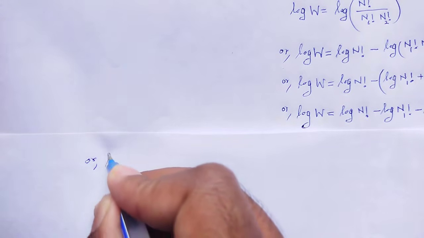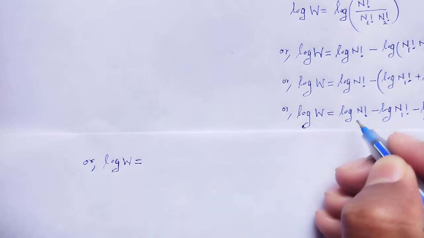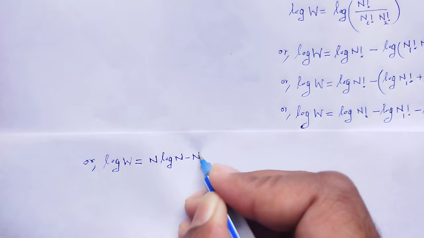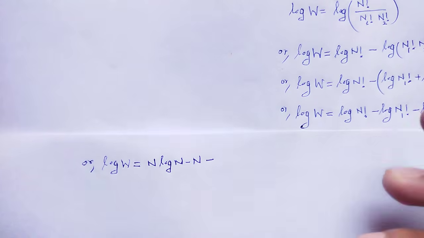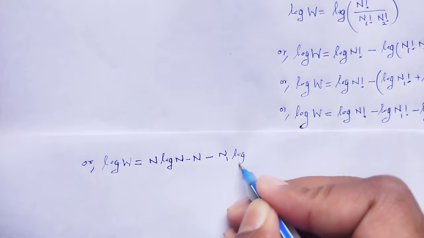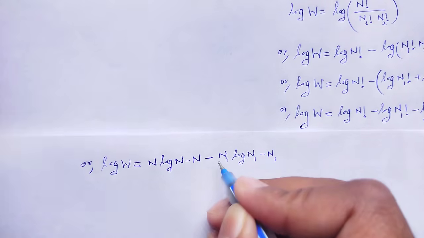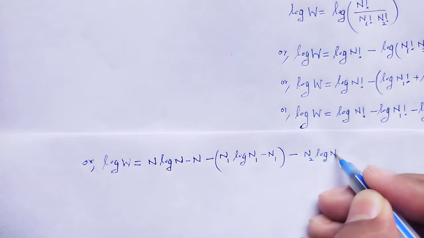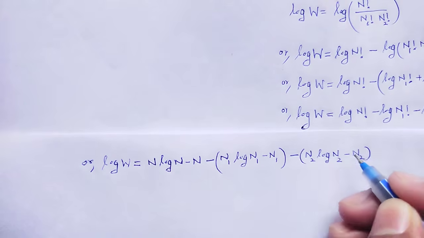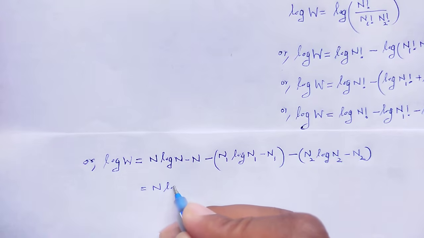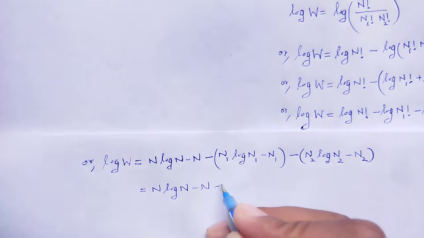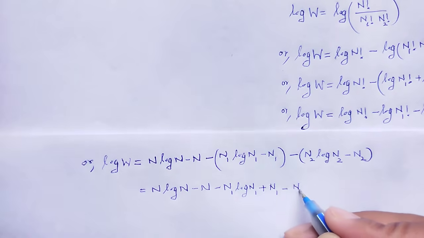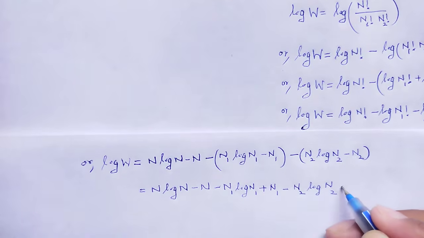So we obtain log W is equal to log N factorial, which is N log N minus N, minus for log N1 factorial, N1 log N1 minus N1, minus for log N2 factorial, N2 log N2 minus N2, is equal to N log N minus N minus N1 log N1 plus N1 minus N2 log N2 plus N2.